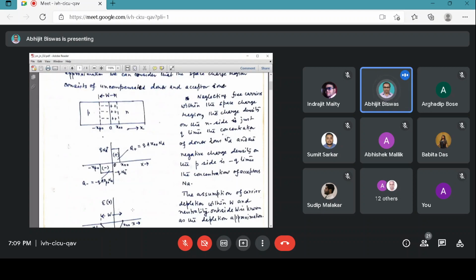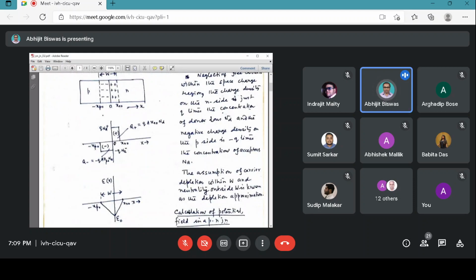Due to the charge neutrality condition, the magnitude of Q minus must be equal to Q plus. So if we equate these two charges, the magnitudes will be the same. Therefore, xn0 into Nd is equal to xp0 into Na.